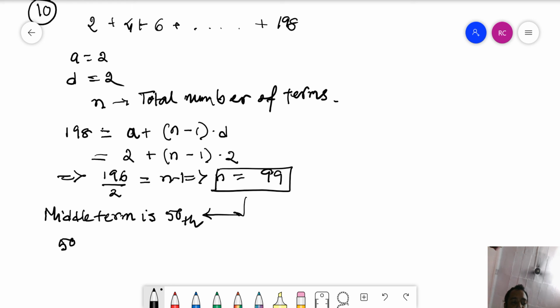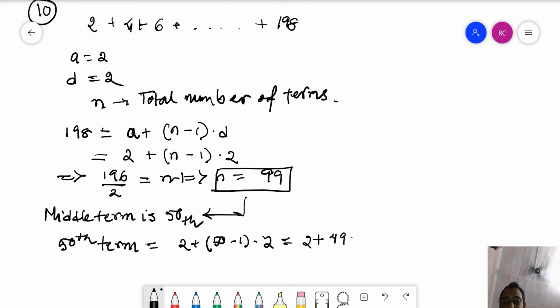So 50th term equals 2 plus 50 minus 1 into 2, plus 49 into 2, it gives us 100.